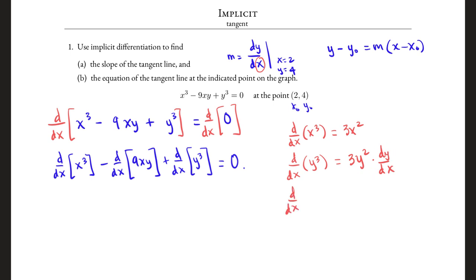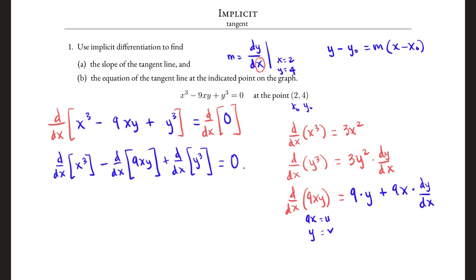And d/dx of 9xy, we will use the product rule. This is split into 9x and y. Using the product rule, the derivative of 9x with respect to x is 9 times v, but v is y, plus 9x times the derivative of y, which is dy/dx.